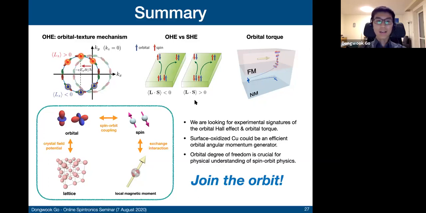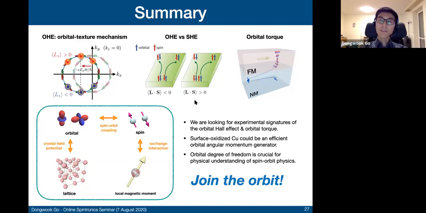It's very nice that you raised this. The first question is whether the orbital torque can exist also for a ferromagnetic insulator like YIG. For the moment, frankly speaking, I do not know.